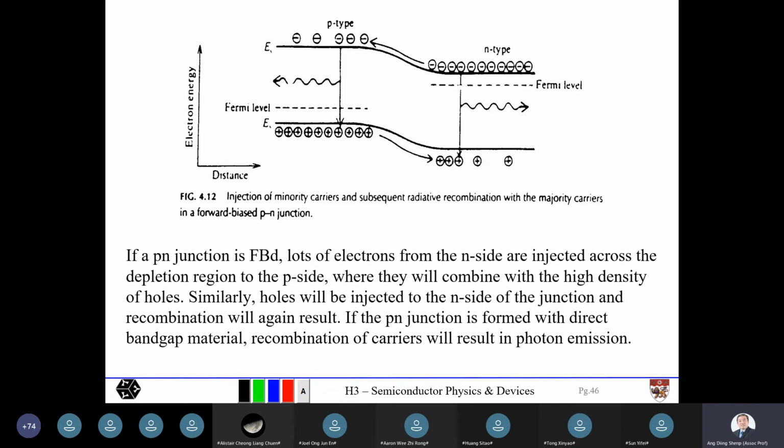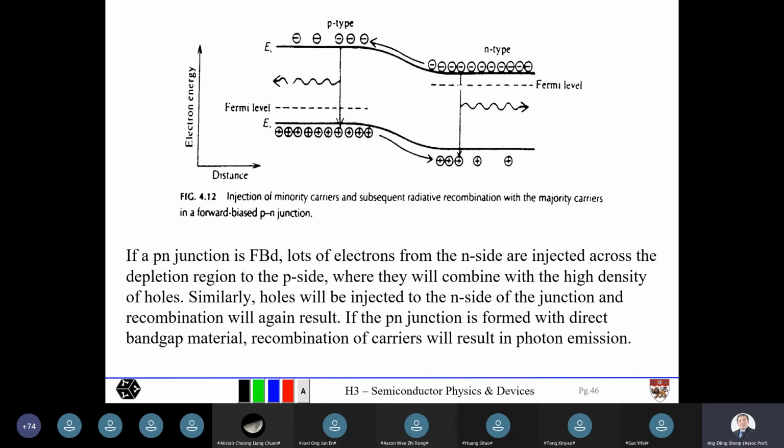If you do not want to use a PN junction, another option is to use a Schottky diode, in other words, a metal. A metal can introduce a lot of electrons into a semiconductor.